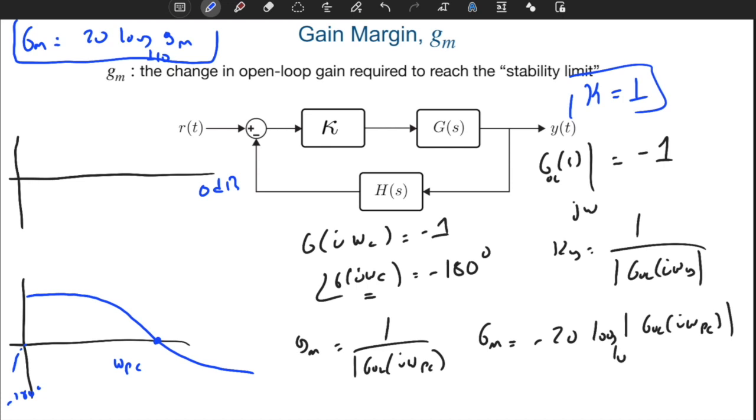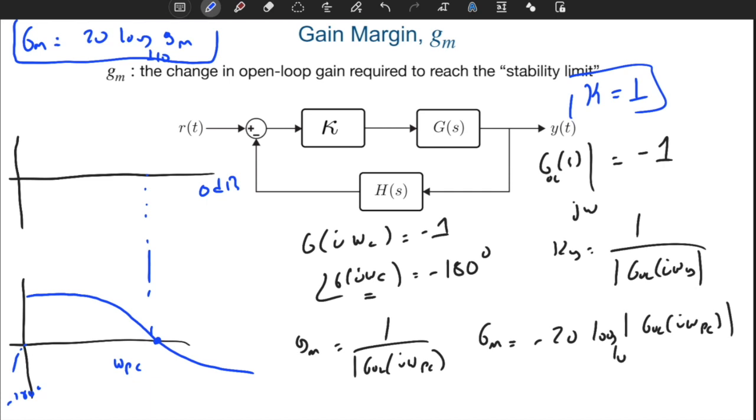If my magnitude crosses the 0 dB line, it means that I'm exactly on the imaginary axis, because my nominal gain is satisfying the equation. So I want to avoid the 0 dB line.